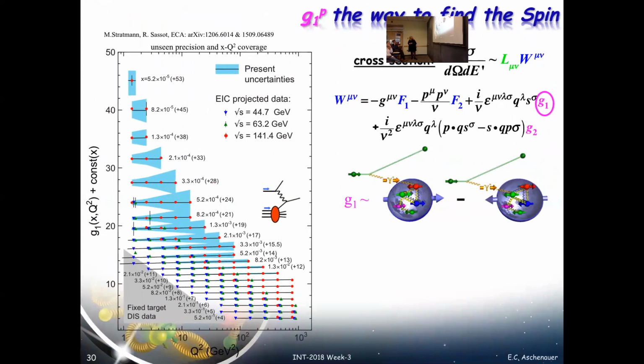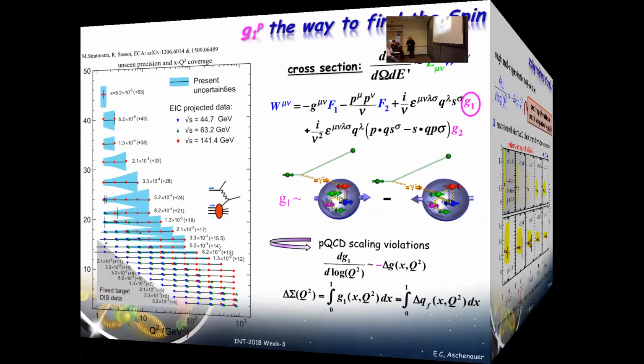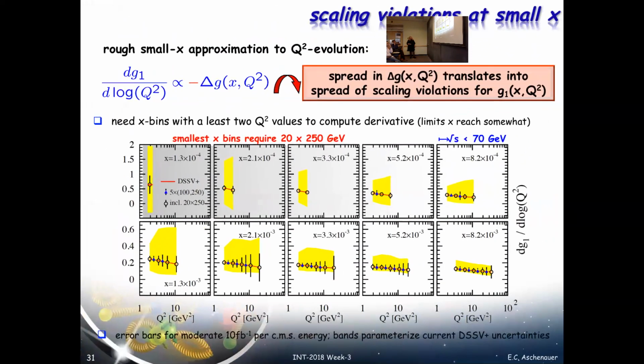So the blue bands are the uncertainties based on the current world data knowledge on the polarized fits. So what you see here is plotted the derivative, and you see that if you have the smallest 20 to 250, then you go into the region where you have the biggest uncertainties, and you need always 2 points to make a fit.